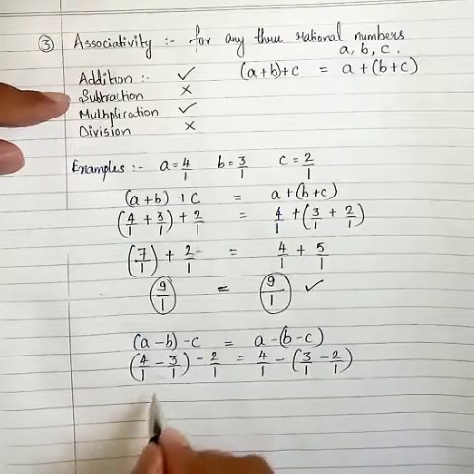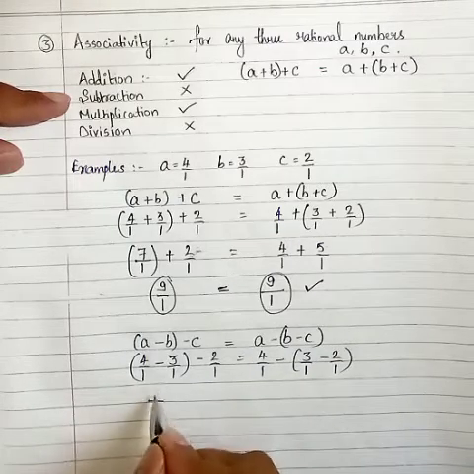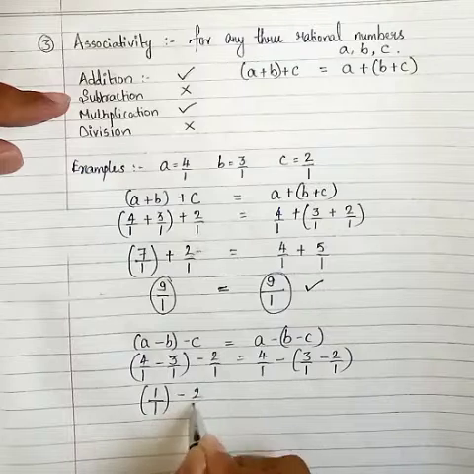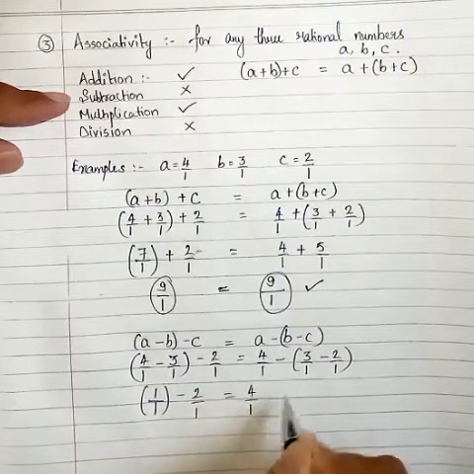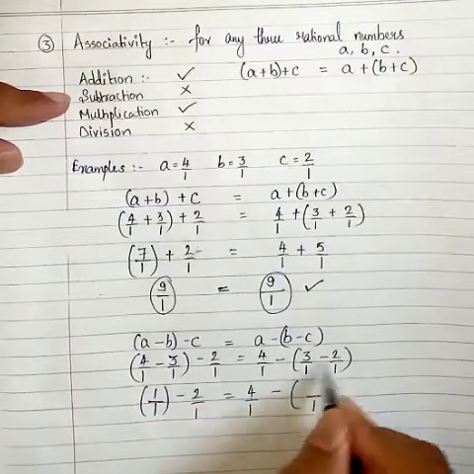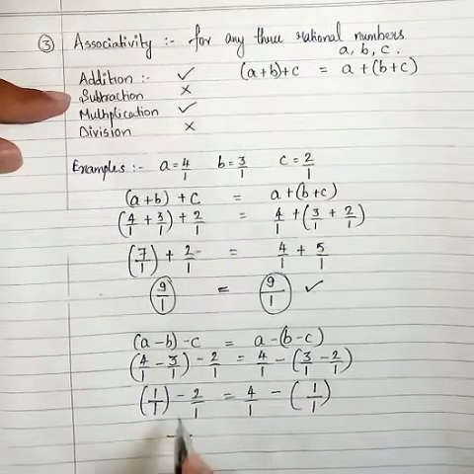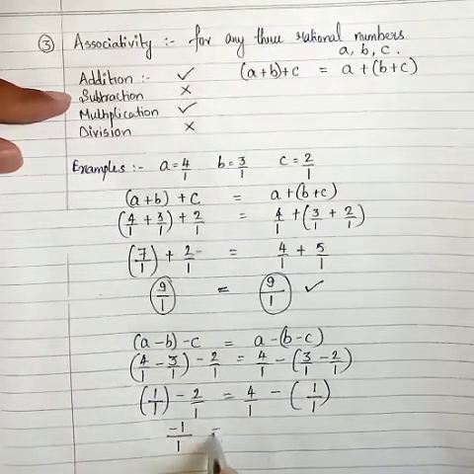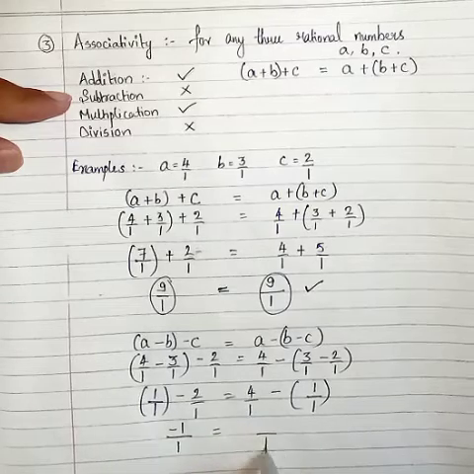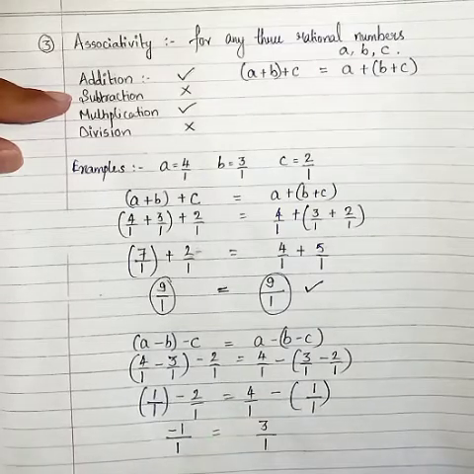First we will solve this. The denominator will be the same, 4 minus 3 is 1. Here also the denominators will be the same, and 1. So here the denominator will remain the same, 1 minus 2 is minus 1. Here the denominators will remain the same, 4 minus 1 is 3.